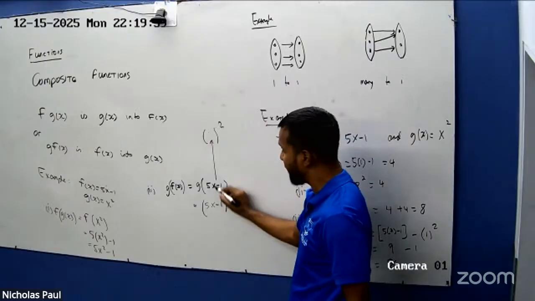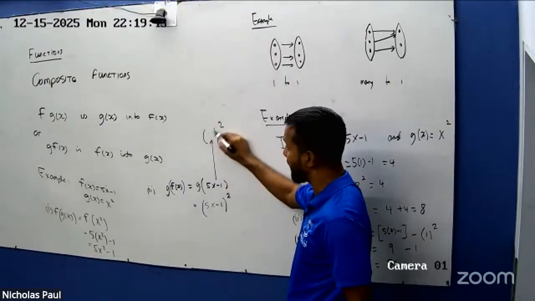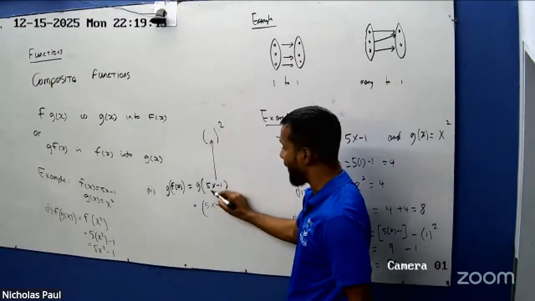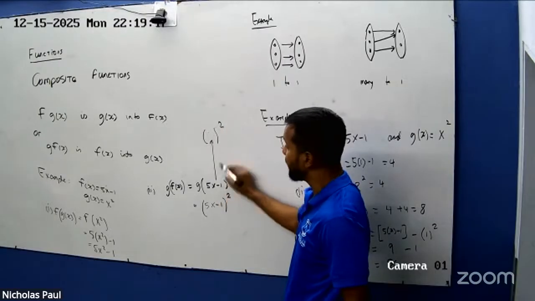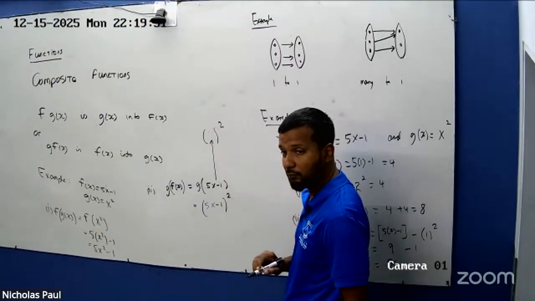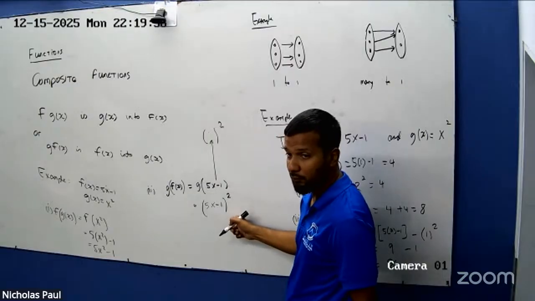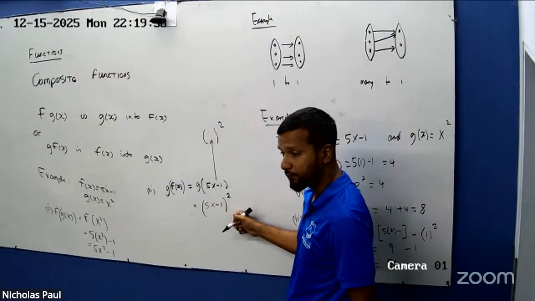So if I had 4, it would have been 4 squared. If I had 9, it would have been 9 squared, right? But now I have 5x minus 1, so it has to be 5x minus 1 squared. Again, these don't give you a whole number. They'll give you a function, right?